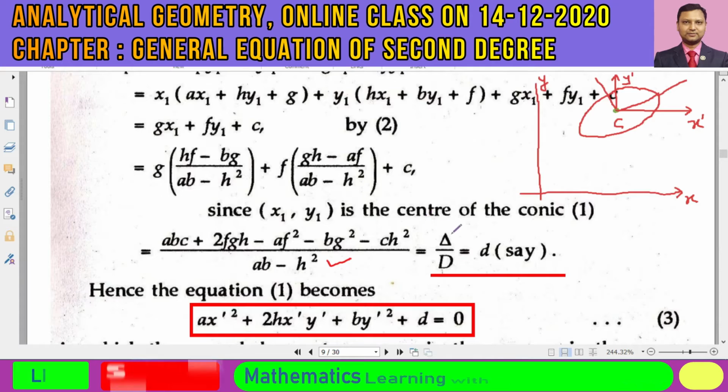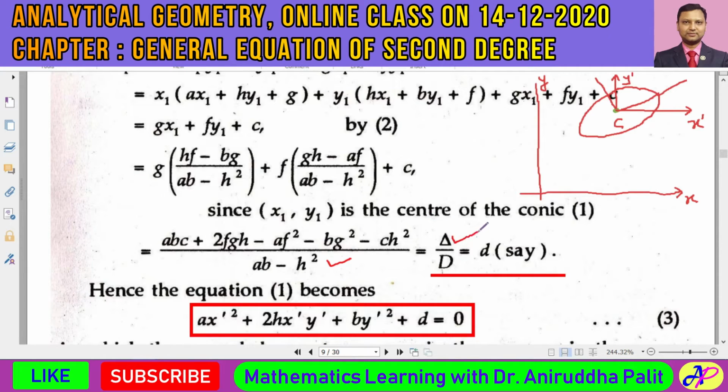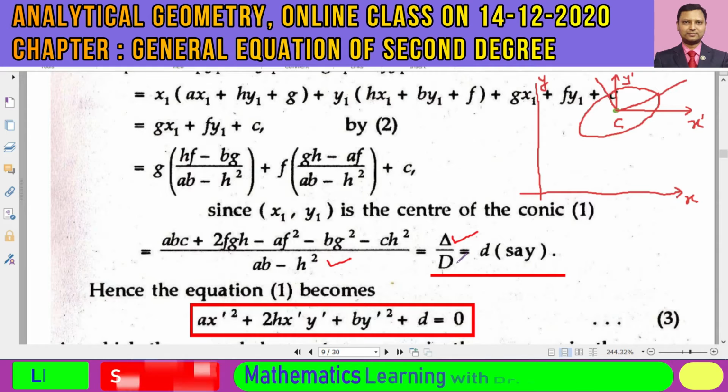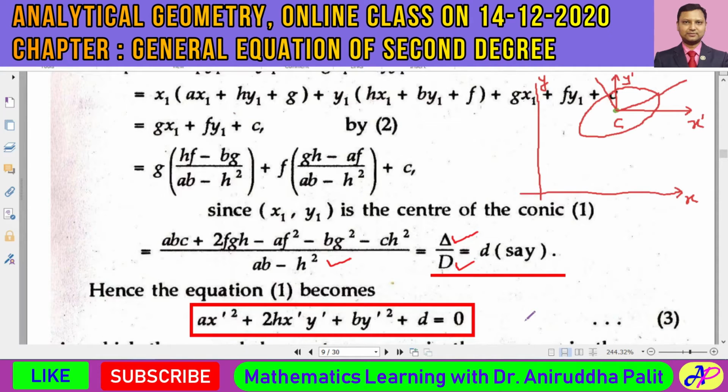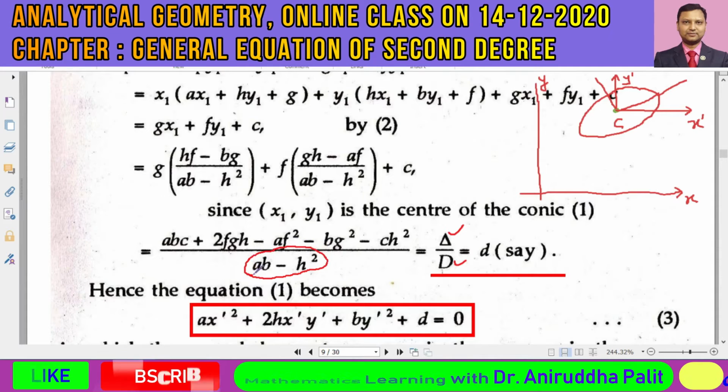So the numerator would become equal to delta, and this ab minus h square is nothing but capital D. Therefore the constant term small d becomes equal to delta by capital D, because we know that in the case of a central conic, capital D, that is actually ab minus h square, is not equal to 0.